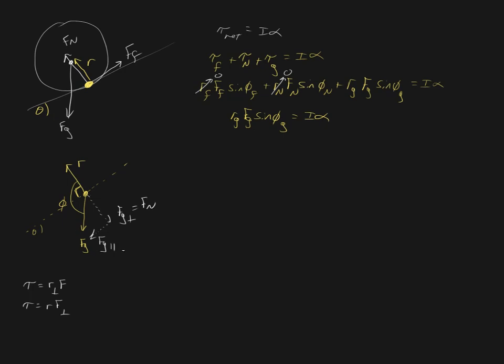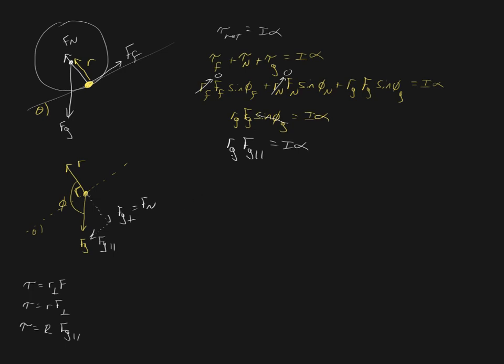So Fg parallel is perpendicular to r, and so the torque is going to be equal to r times Fg parallel, and we can ignore the sine of phi. So we write Rg times Fg parallel is equal to I alpha.